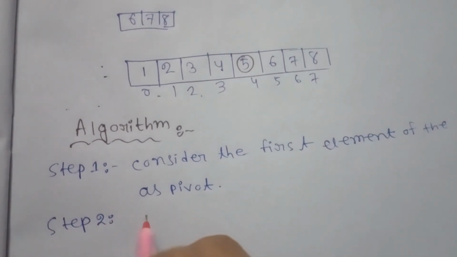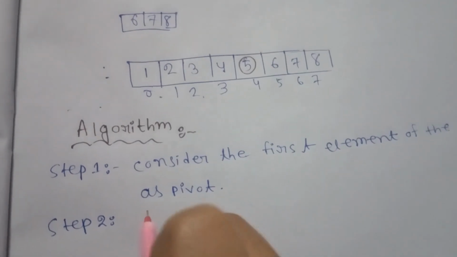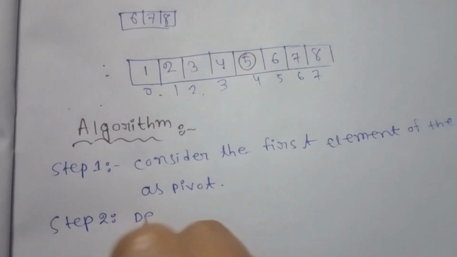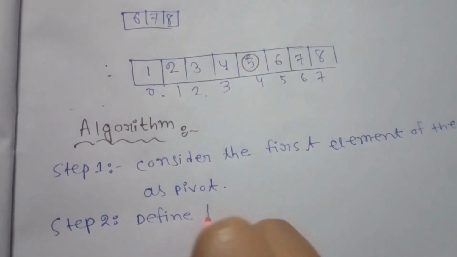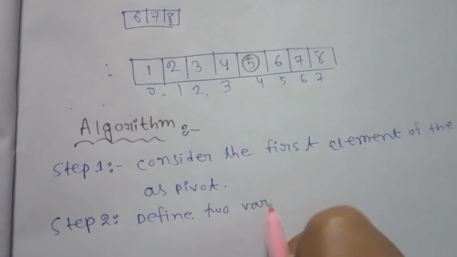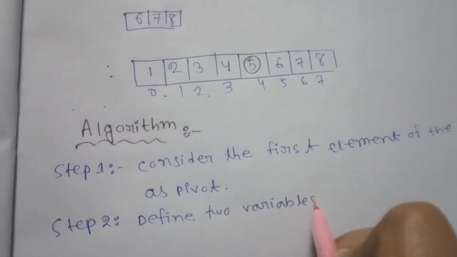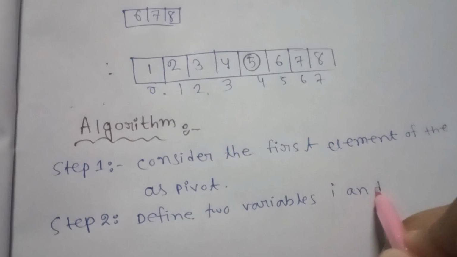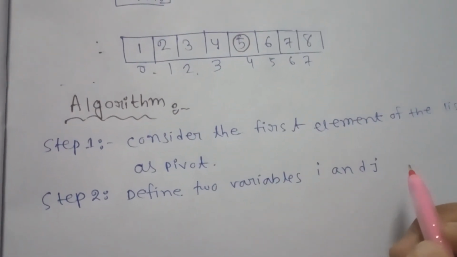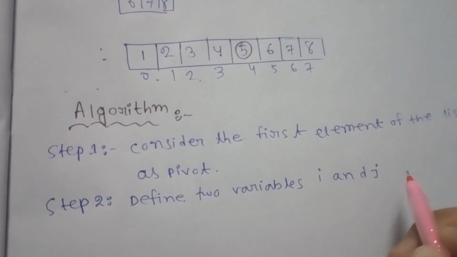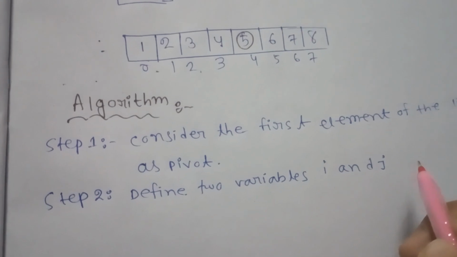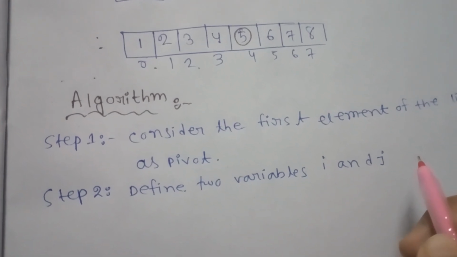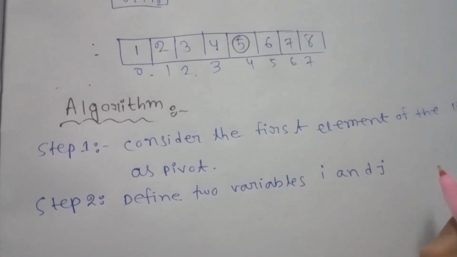Step 2: Define two variables i and j. Set i to the first and j to the last element of the list respectively.